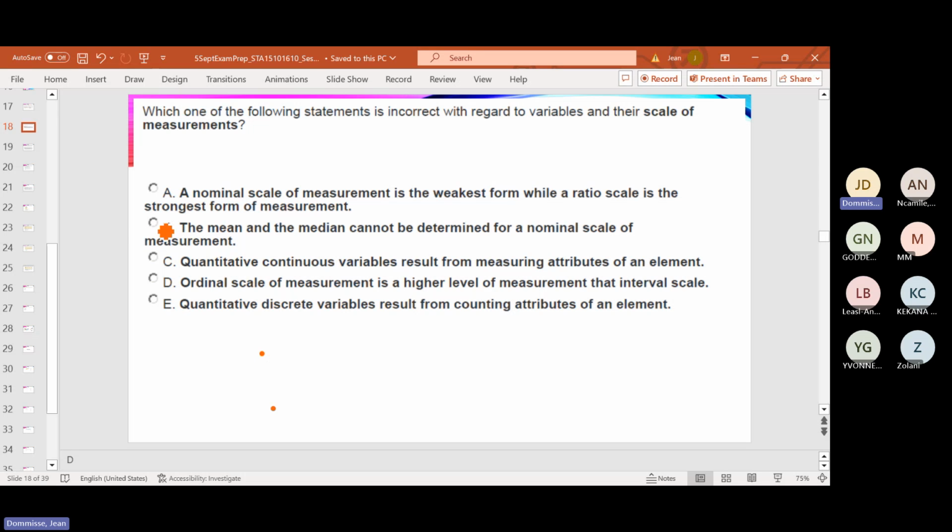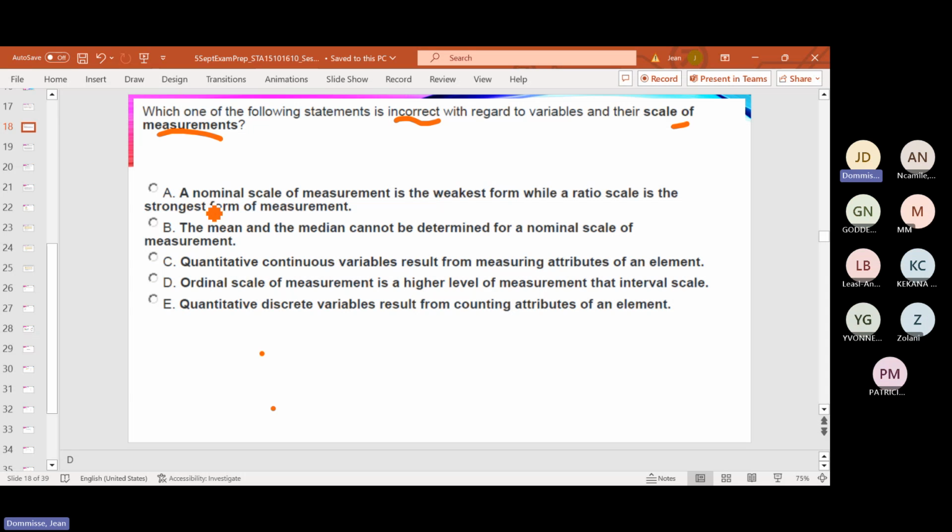So let's look at the question first. Which one of the following statements is incorrect with regards to the scale of measurement? A nominal scale of measurement is the weakest form, while ratio scale is the strongest. Sure, I remember we had that in our first study unit. We had a table like that.